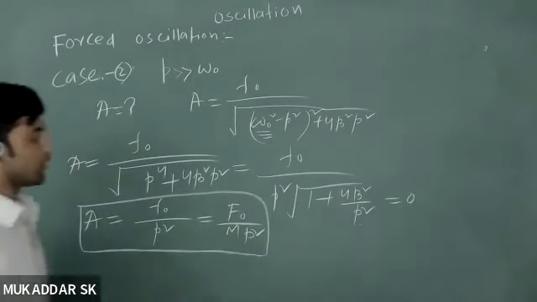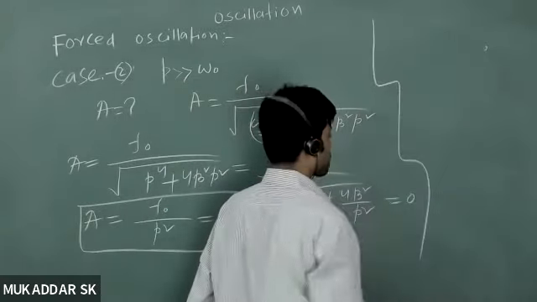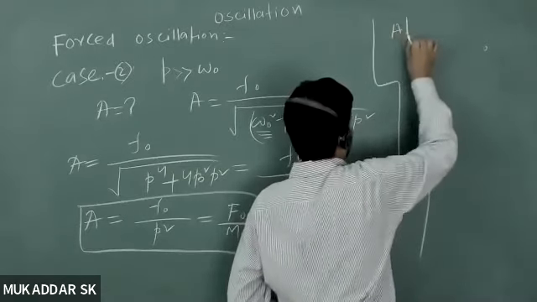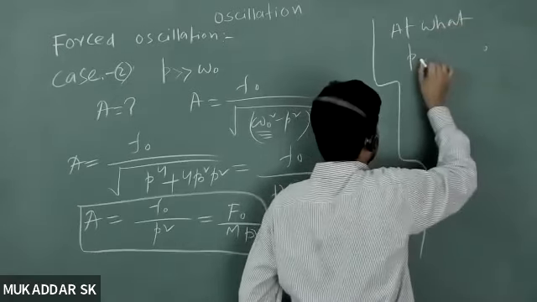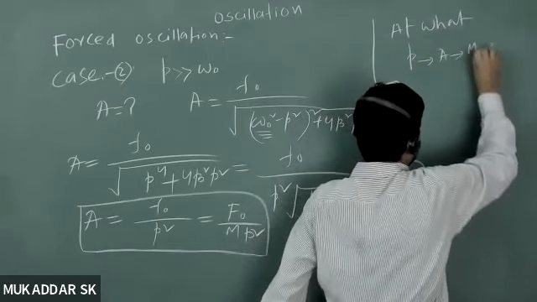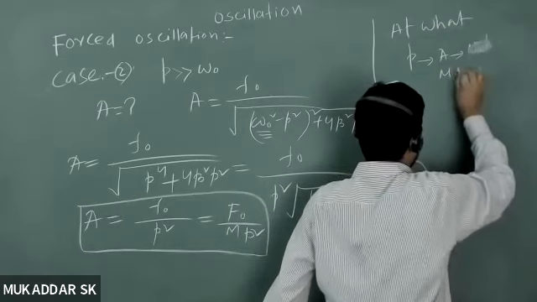Okay, now the question arises, and this is really important for your exam purpose. At what value of p will the amplitude be maximum? How will you calculate this part?